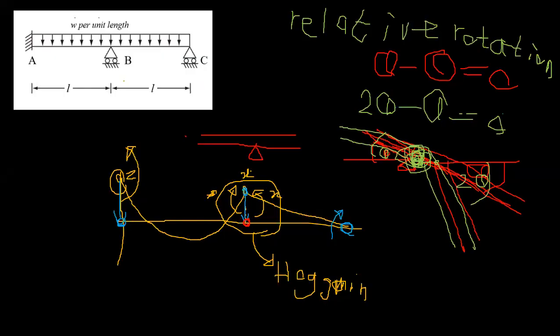I will introduce a hinge here, bringing the bending moment to 0, like using a pin support. So this is my structure now.